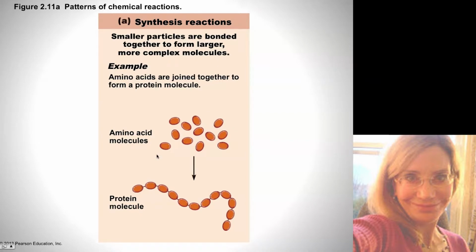You may remember from your fundamentals of biology that the first level here, when amino acids are joined together, we actually call this a polypeptide because these bonds are called peptide bonds. And what's another name for a synthesis reaction? Yes, anabolic reaction, building up.